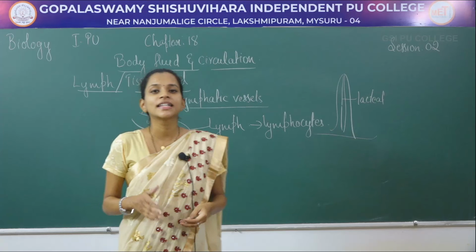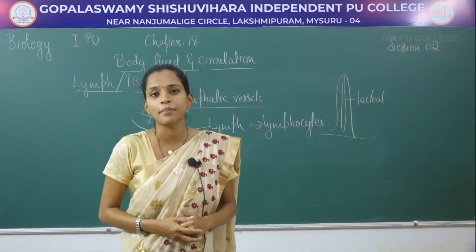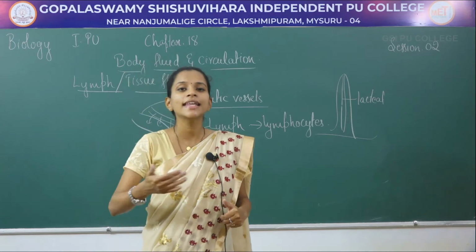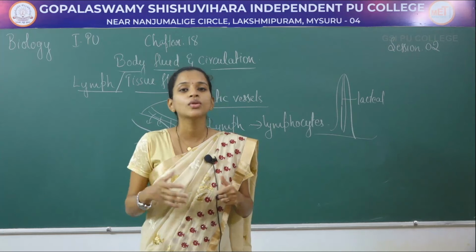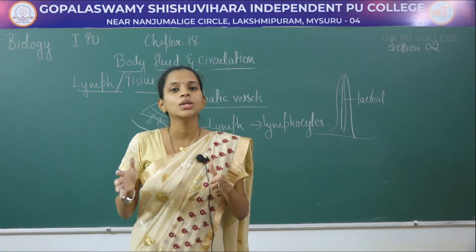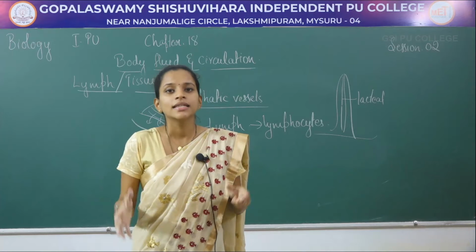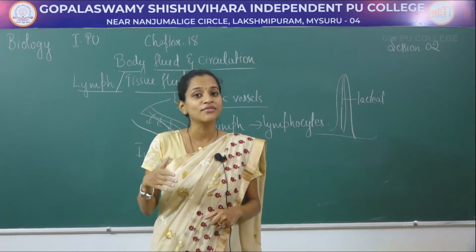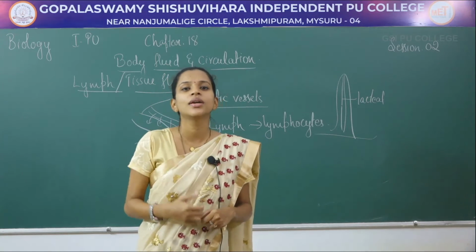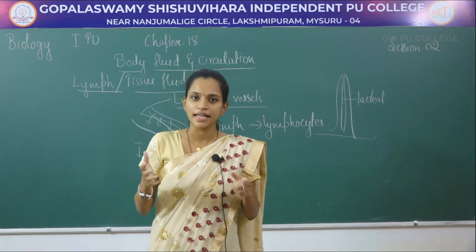Lymph: when the blood passes into the capillary in the tissues, they release some of the fluid along with water soluble substances into the open space which is called interstitial space. This is collected in a vessel called lymphatic vessel, and now the fluid within the lymphatic vessel is termed lymph.